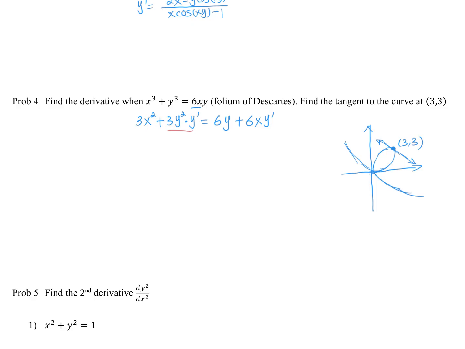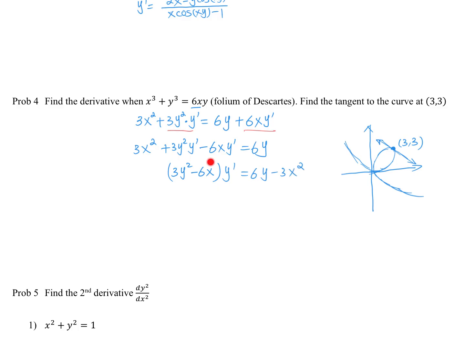Now let's group the y prime terms together, and we have 3x squared plus 3y squared y prime minus 6x y prime equals 6y. And then we need to subtract 3x squared from both sides, so that only y prime terms are left on one side. So we have 3y squared, and at the same time, I'm going to factor out the y prime, minus 6x, y prime equals 6y minus 3x squared.